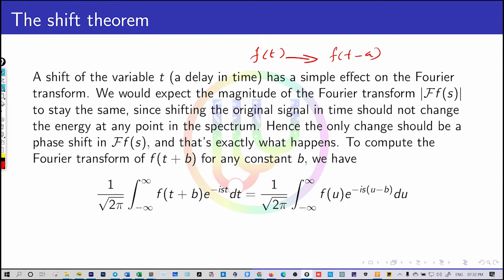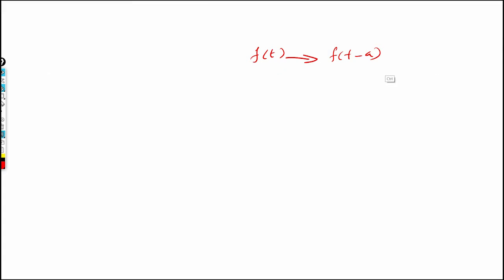Okay, to the left. Then how will the Fourier transform change? Okay, the function f of t and f of t minus a, if f of t has a Fourier transform capital F of s, then what will be the Fourier transform of f of t minus a? That is the question.